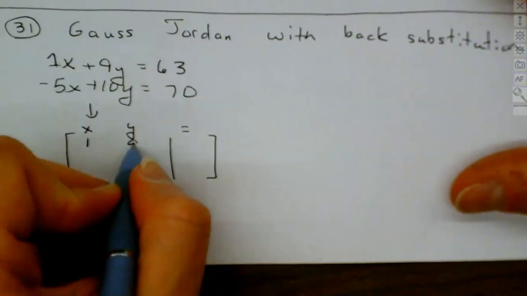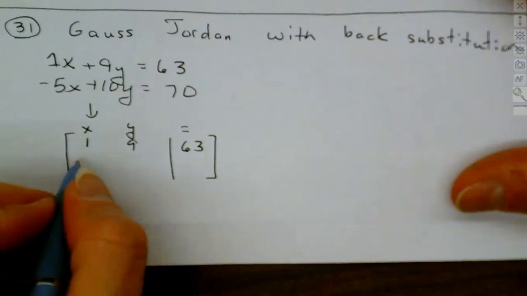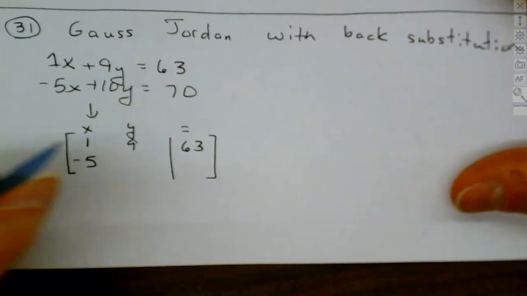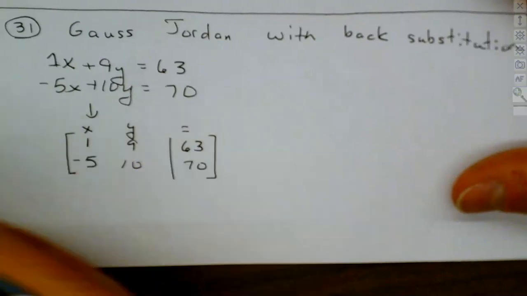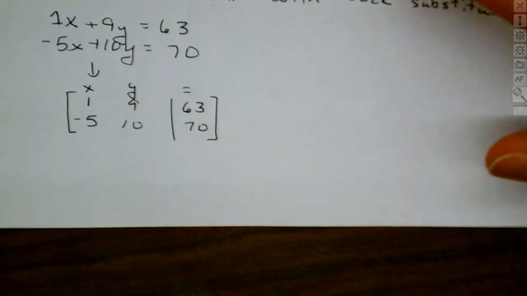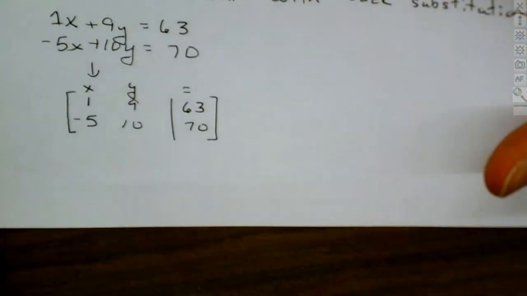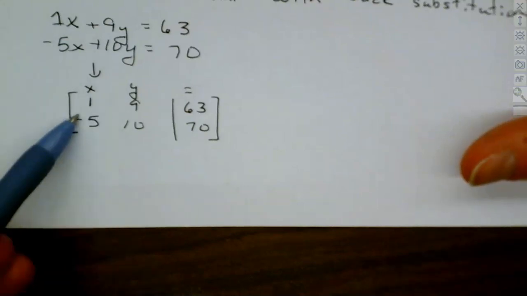We have a 9y, and the other side is a 63. Then we have a -5. We have a 10, and we have a what? 70. Okay, now, which way would be easier to work with? X or Y? Where would we like to make a 0? Yeah, I would probably say make a 0 here.